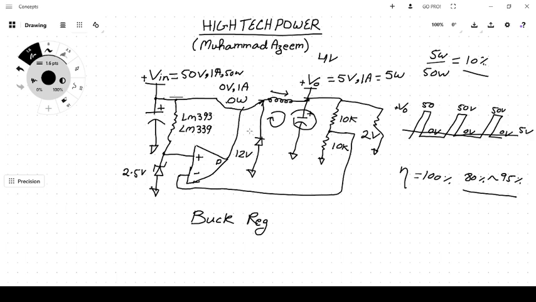And there are two types of basic power supplies. One where the ground path is common from input to output, and these types of regulators are called the non-isolated regulators, just like linear regulators.